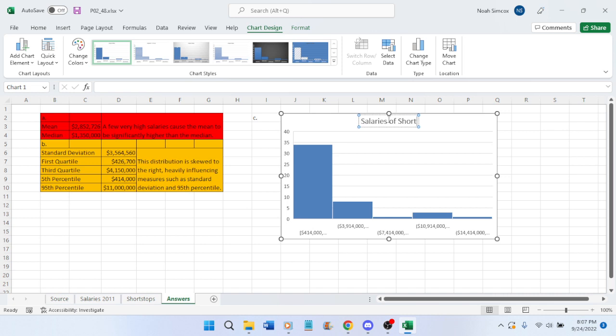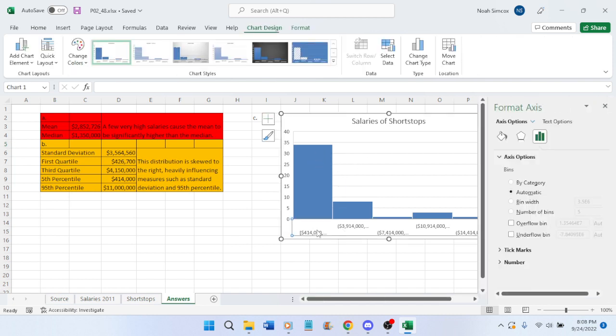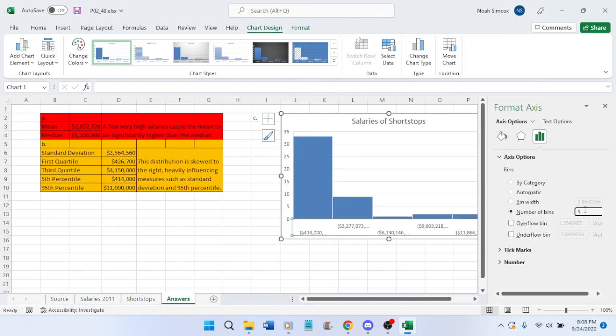Salaries of shortstops. Save. She already created the histogram. Number of bins. This is much easier than bin width. Number of bins. 10? Doesn't matter.